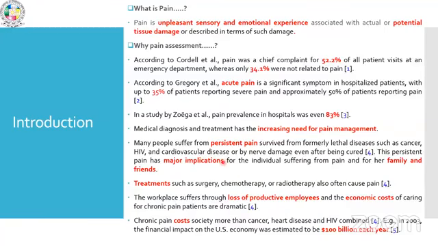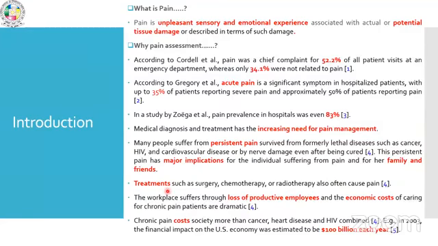These persistent pains have major implications for the individual suffering from the pain and for the family and friends. Their complete family and the people surrounding them remain in problems because somebody is having persistent pain.